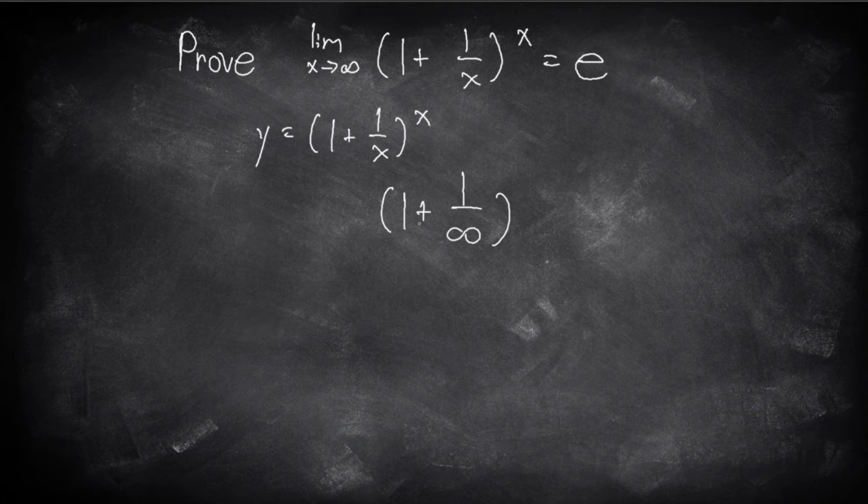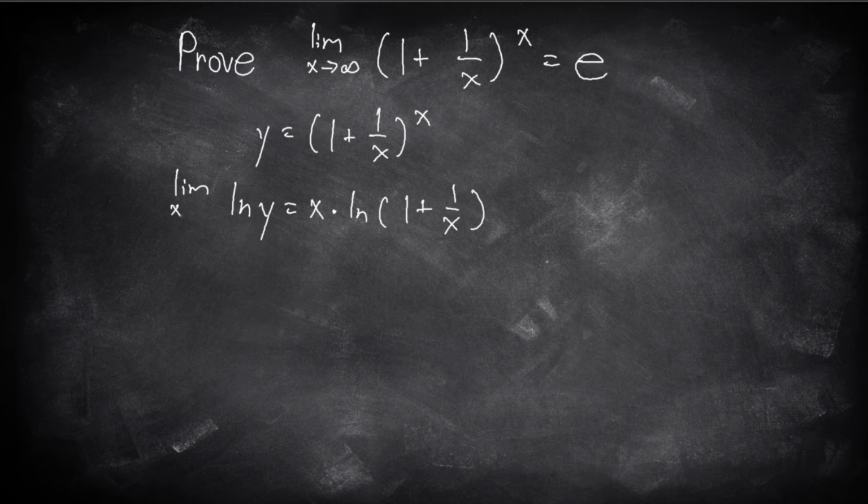From there, we're going to set y equal to that equation, and then take the natural log. So we bring our exponent down, natural log of 1 plus 1 over x, and then we take the limit of this as x approaches infinity.